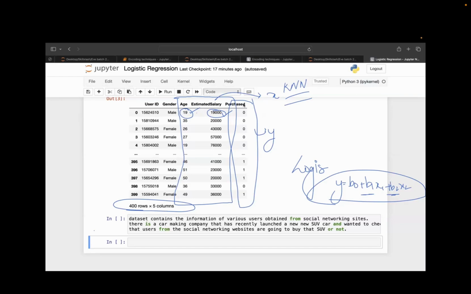I can consider that even. But since we are having only two columns, it will create a problem for me, because one value is very small, and the value in the other column is huge. Getting it? Now, is it making sense why we are going to standardize it?